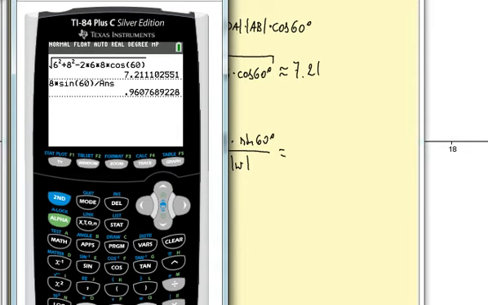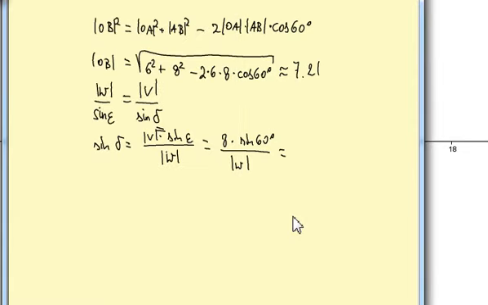But we are not actually looking for this value. Here I made a small mistake. We are not looking for what this equals, but we are looking for the value of delta. So actually we are looking for arcsine of this value, or the inverse function of sine.